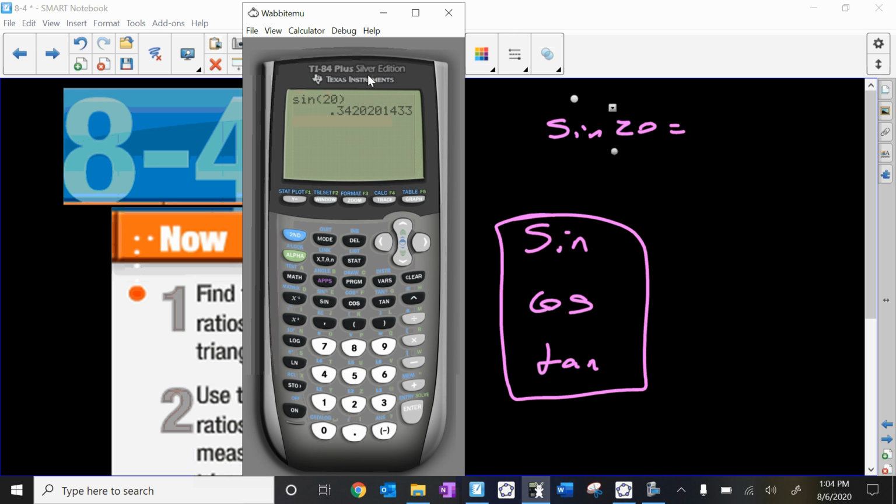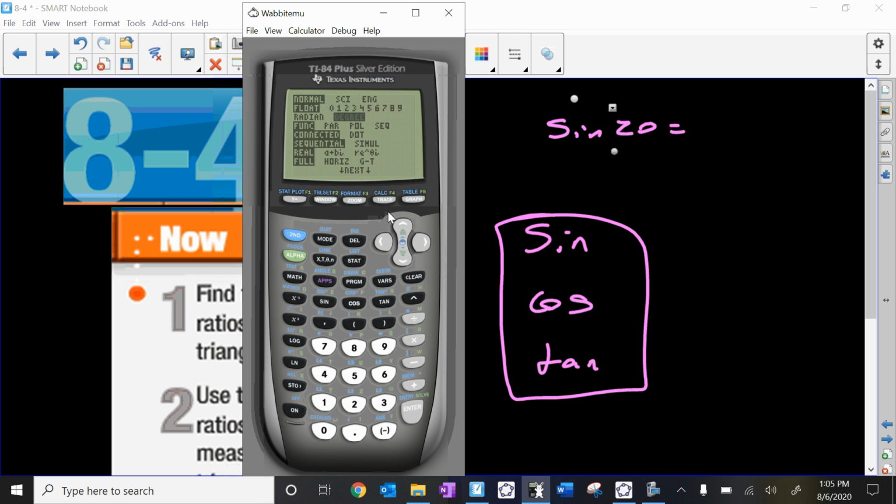So for this particular calculator, to change the mode, we're going to go to the mode button, which is right next to second. You're going to click on it, and it's the third one down. If yours is highlighted as radian, you need to highlight it to degree instead. So what you'll want to do is scroll down, scroll over, and hit enter, so that way you get degree highlighted.